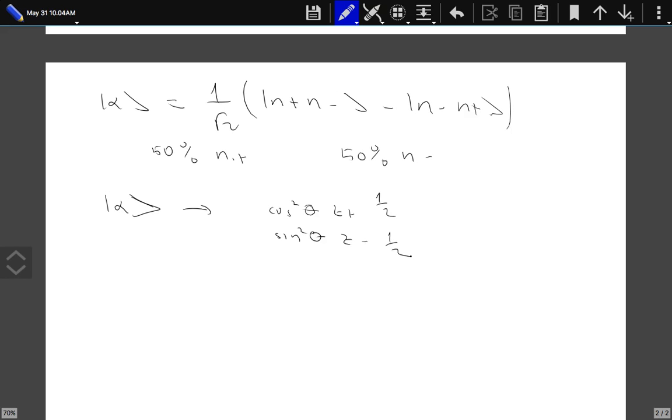And if it is n minus, it will be sine squared theta for Z plus and cosine squared theta for Z minus, also with probability 1/2.